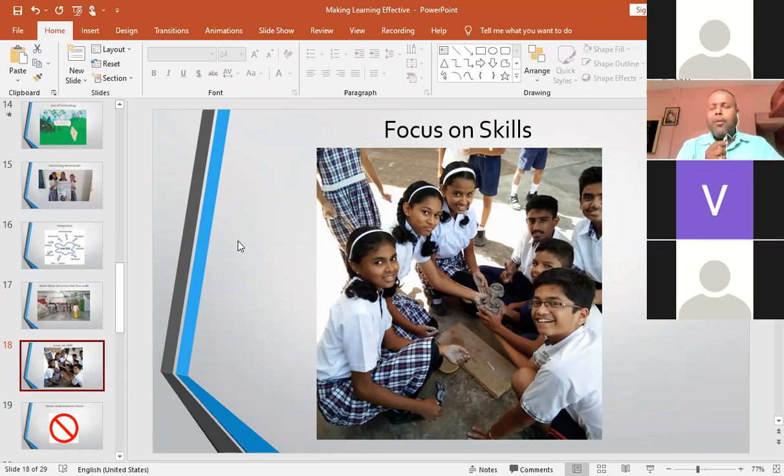So after this particular topic, which of the skills of my children are going to be used or developed? It is very important what kind of skills they are going to develop after learning this particular topic. So focusing on skills is very important. When you focus on a skill, ultimately it helps you in making the learning effective.